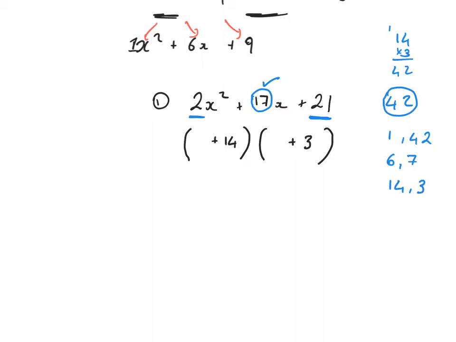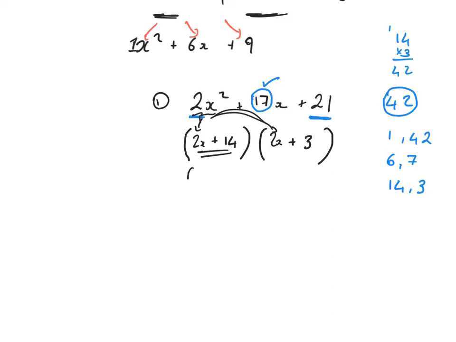Okay, next move is we drop 2x in there and 2x in there. So that's a routine. So we've got 2x squared there, we put 2x in here and 2x in here. Okay, we then analyse both brackets and we see if we can factorise any further. So if we look first of all at the first bracket, from 2x and 14 I can take out a common factor of 2.